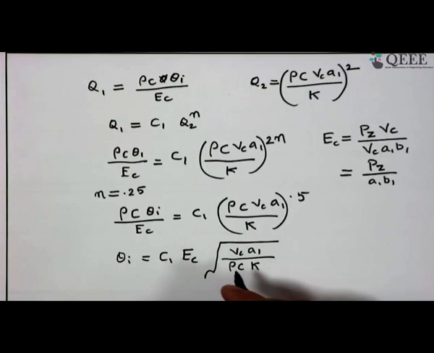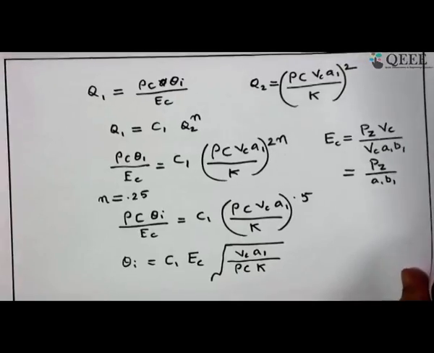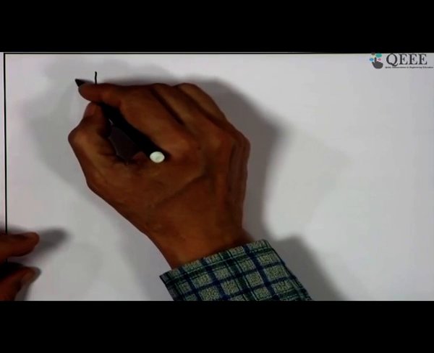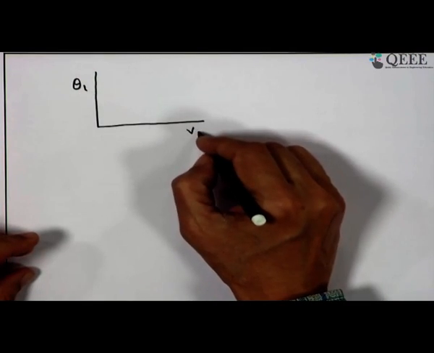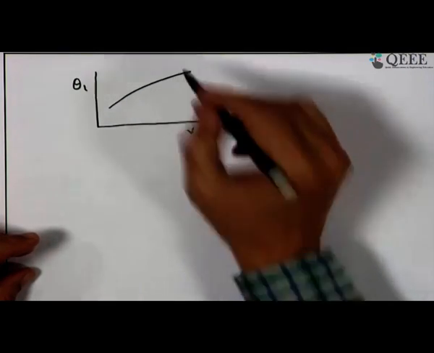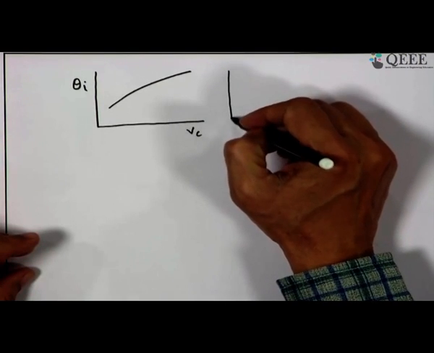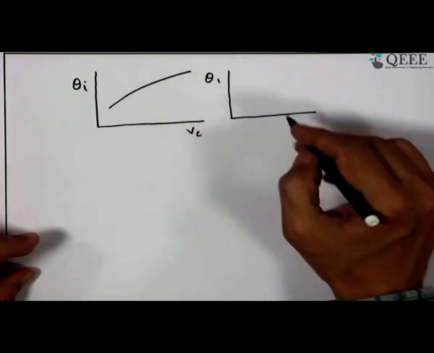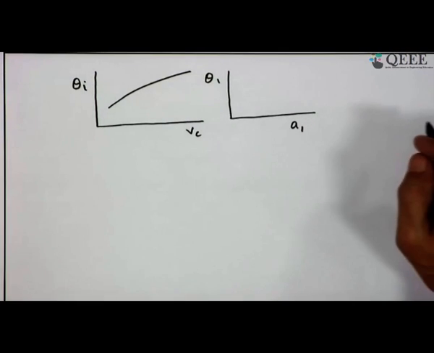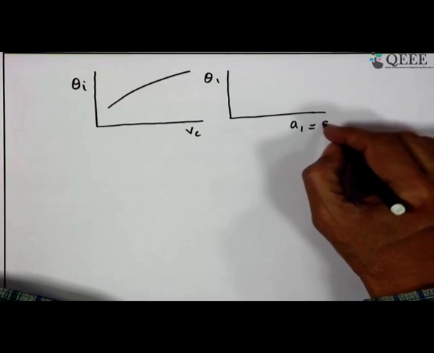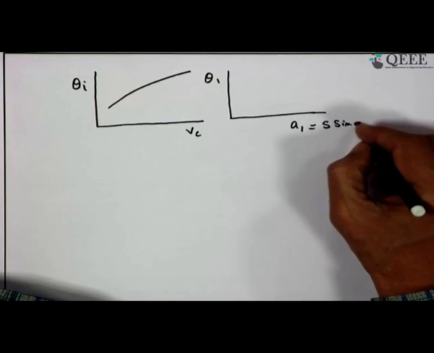From this we get a relation that theta I and Vc go like that, and theta I also with A1. A1 in terms of feed is nothing but S sin phi in case of turning.